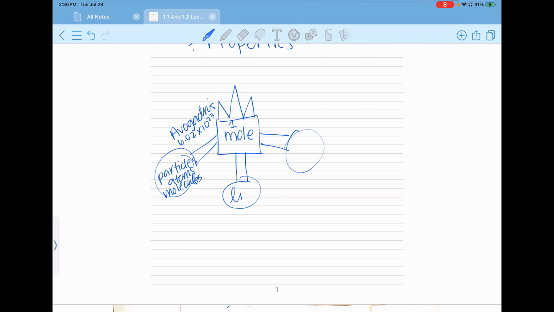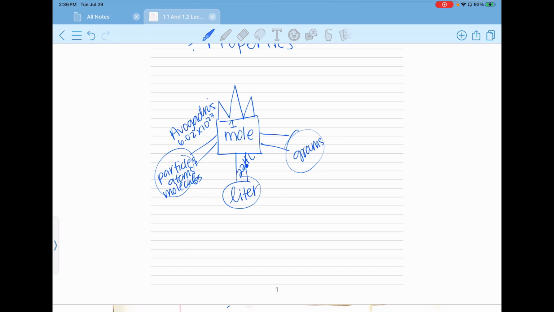Another way we can make a mole is a liter, and it has a constant as well. That number is 22.4 liters equal to 1 mole. Same scenario there. The third way we can make a mole is using grams. This one's a bit different because this is the only one where it's very dependent upon the substance. There's not a constant number that applies in a blanket to all substances.